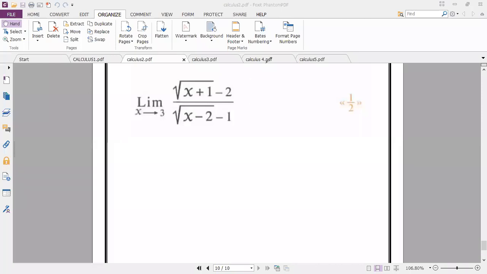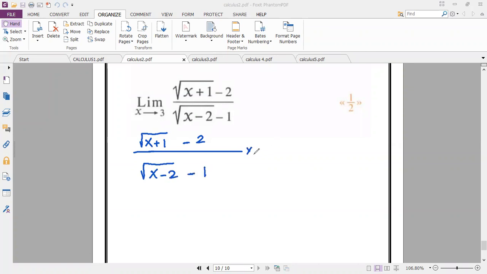Here in this example, we have two conjugates. The two conjugates, we have the conjugate for the numerator and the conjugate for the denominator. So we are going to multiply the top and the bottom by the two conjugates. How can we do it? Look, it's the square root of x plus 1, minus 2 at the top, and down it's the square root of x minus 2 minus 1.